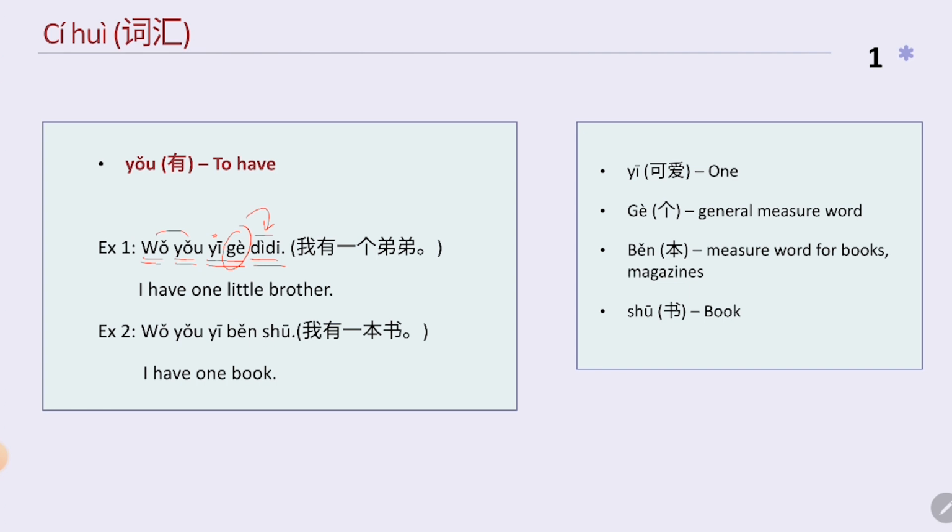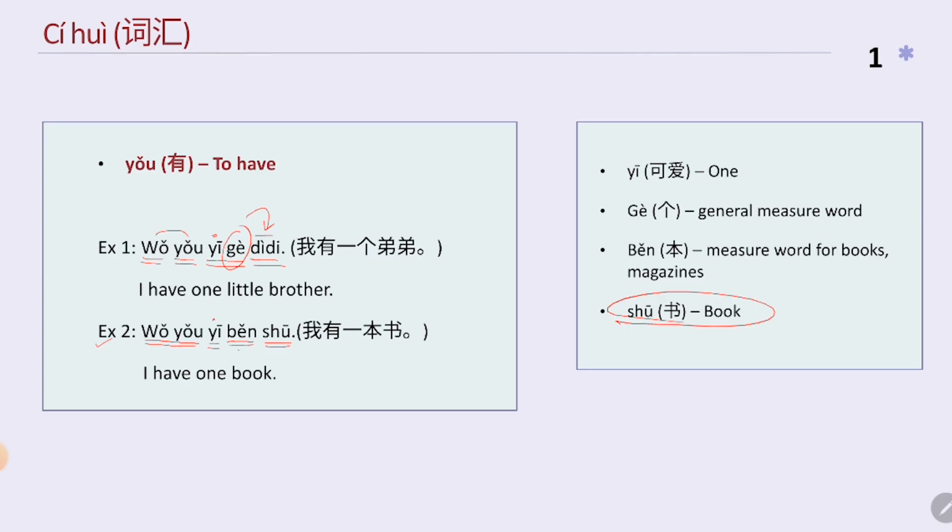Look at example number 2. 我有一本书。我有 means I have. 一 means one. 书 here means book.